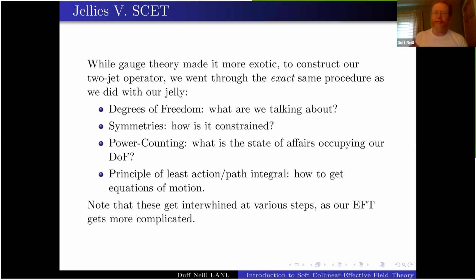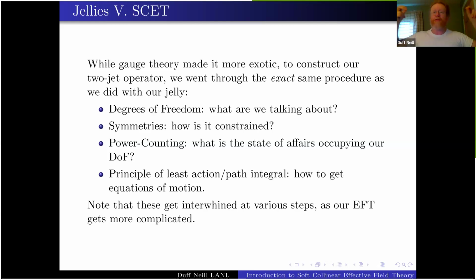In some directions, it's suppressed. In other directions, it's not suppressed for, say, the collinears. Up to those caveats about having to think about directions, I went through the exact same procedures as I did with our jelly. I asked the question, what are the degrees of freedom? And I did some thinking in order to figure out what that is. I had to deal with the symmetries. In other words, how are those degrees of freedom constrained?